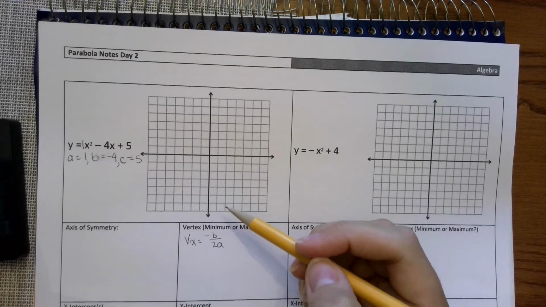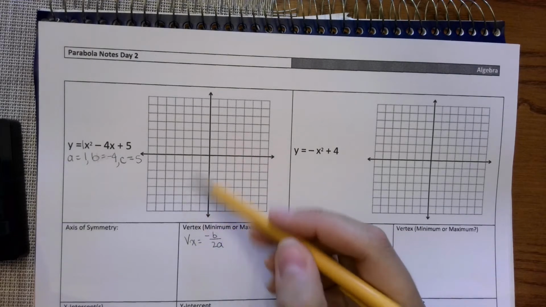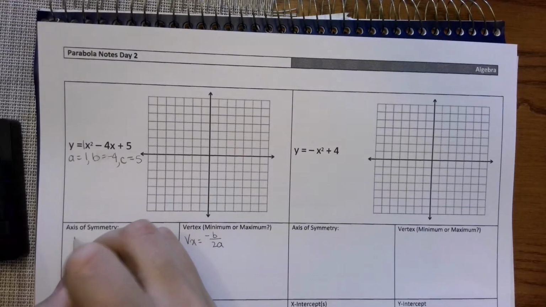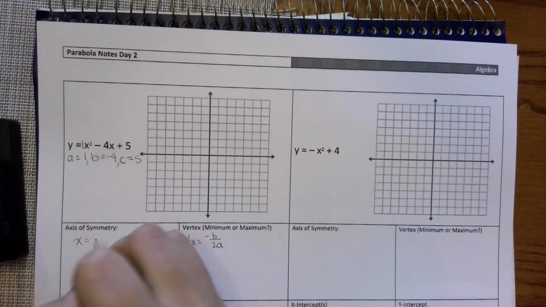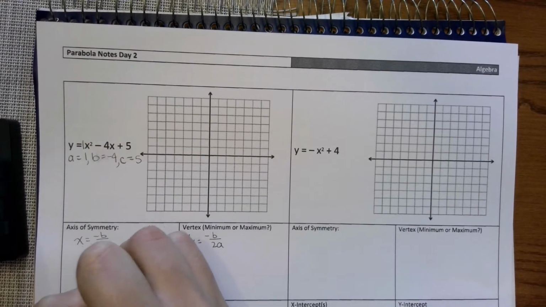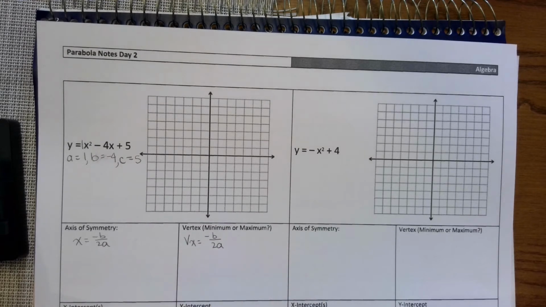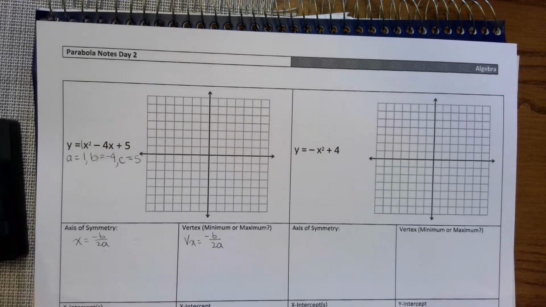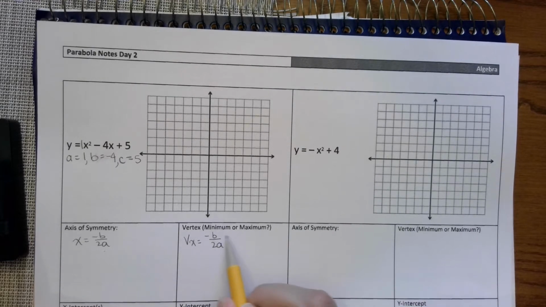Since the axis of symmetry is the vertical line that goes through this x-coordinate, the axis of symmetry could also be found by doing negative b over 2a. What's nice about this is if you do this here, you've gotten the axis of symmetry for free. So anyway, I'll just show my work here.